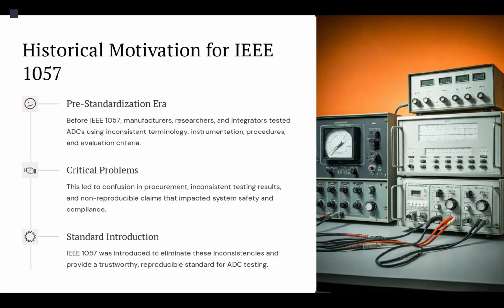So IEEE 1057 basically brought a legal and engineering alignment. It actually protects you and the customers, and also the regulators. So if you meet the IEEE 1057 requirement, it means that you have followed your full responsibility.